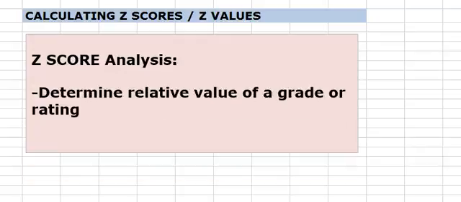We can also determine the relative value of a grade or rating as part of a z-score analysis. So if you receive a 90 in your STAT midterm and you receive a 90 in your organizational management midterm, the relative values of those two grades may not be the same because the mean and the standard deviations of each grade are different.